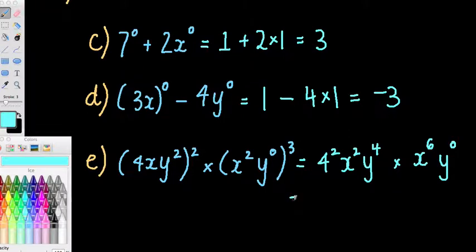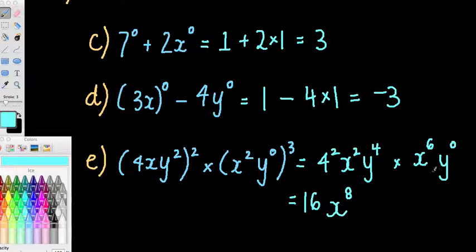Okay, next step. Well, I've got 16 here, don't I? 4 squared, 4 times 4. This one here, x squared, I've got another x over here, so same base, it's being multiplied, so I'm going to add the indices. 2 plus 6, 16x to the power of 8 is what I've got so far.